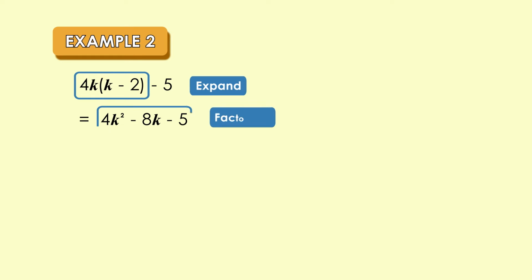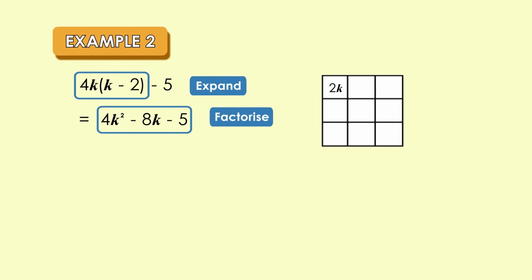Next step, we can factorize the algebraic expression 4k² − 8k − 5. For 4k², there are two possibilities: 2k times 2k or k times 4k. Let's use the trial and error method. 2k times 2k. Let's look at 5. Same as the previous question, 5 times 1. Well, to work this out, we have to figure out how to get negative 8.